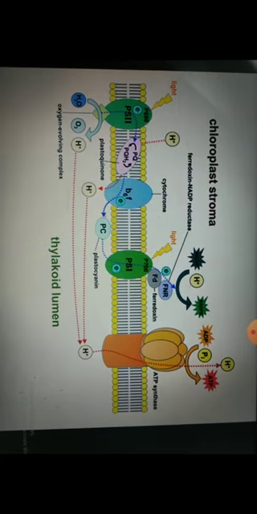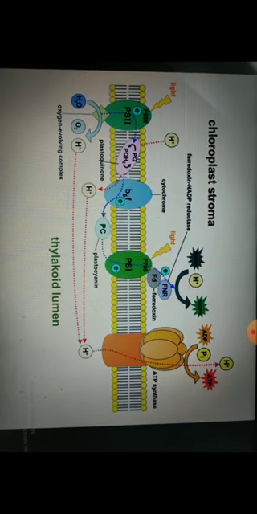In this diagram there is the thylakoid membrane, which is made up of phospholipid membrane. There are a number of electron transport complexes, or you can say there is an electron transport chain on this thylakoid membrane. This is outside, the chloroplast stroma, and inside is the thylakoid lumen.